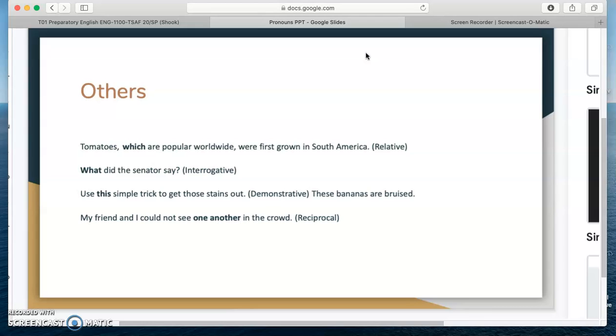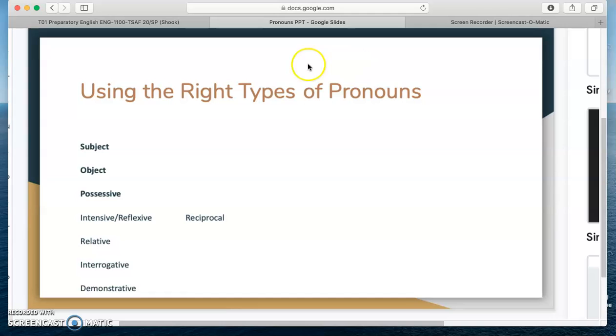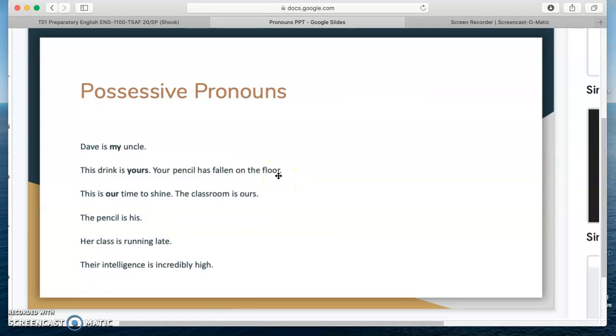There are a couple of other pronouns that we could have discussed in one textbook that I've taught out of. The textbook taught 11 different types of pronouns, but this textbook saw it fit to only worry about 9 pronouns. And again, that all goes back to there are really 3 major pronouns: subject, object, and possessive. But it's good to be familiar with intensive and reflexive and reciprocal and relative and interrogative and demonstrative pronouns as well.